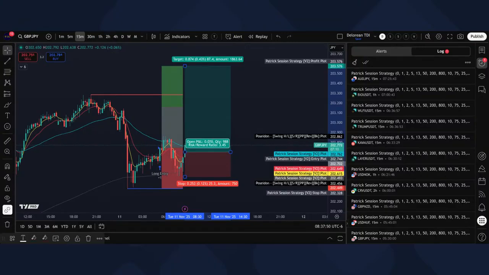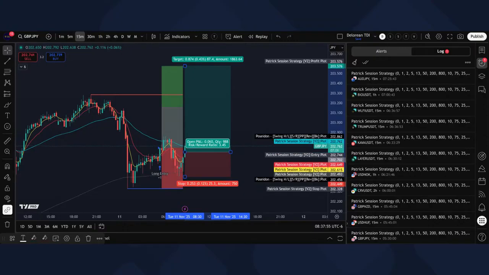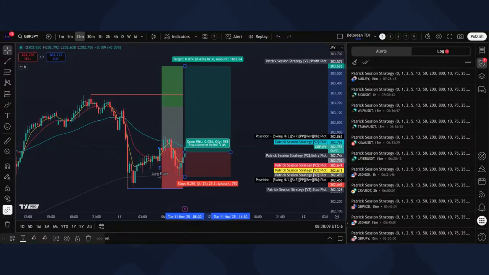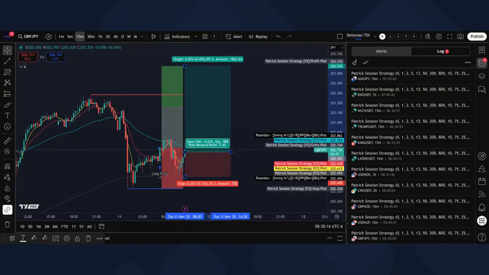We got entry at 202.702. We have stop at 202.449. And we have take profit at 203.576.